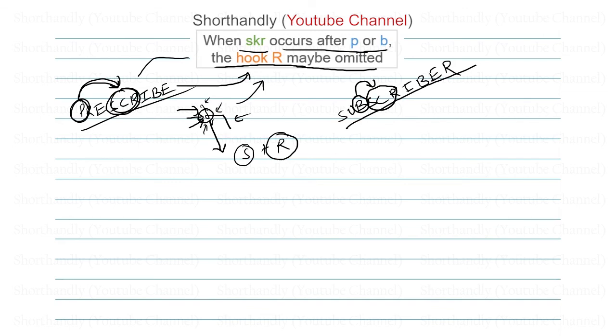So the word subscriber will be made like this. If you again look at this part, we didn't make the R hook, but still we'll consider this as S and R. So this word will be called subscriber, because this word applies with this condition. Okay, so that was all for this part, and I'll see you in the next part.